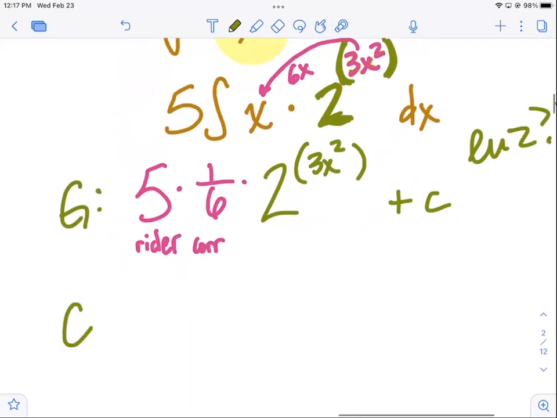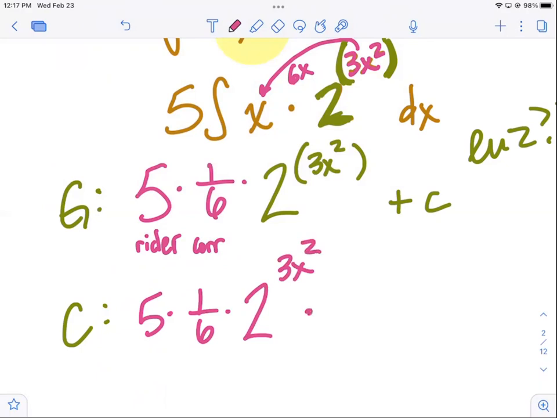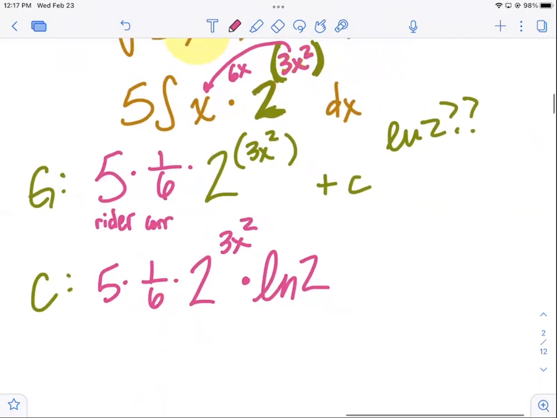Now, when I check it, I'll take the derivative. So the 5 and the 1/6 go along for the ride. What would be the derivative of 2 to the blob? Well, the derivative of 2 to the blob is 2 to the blob times the natural log of 2, right? I know that when I take the derivative of an exponential and it's not base e, I multiply by the natural log of the base.